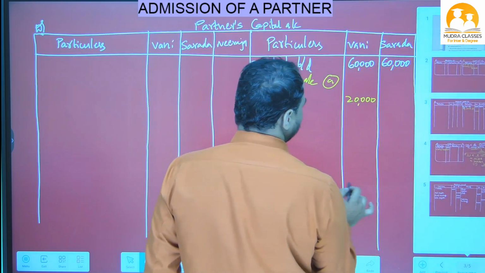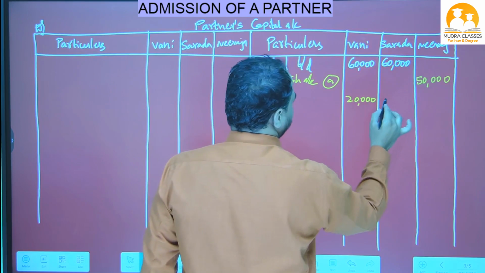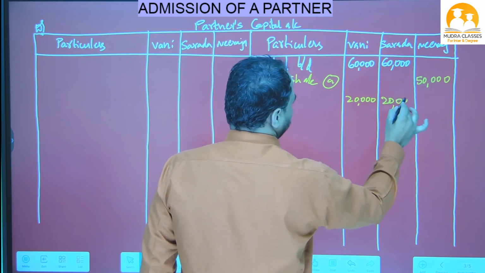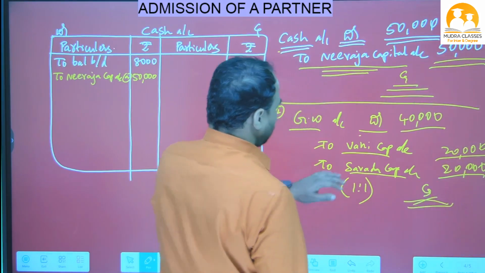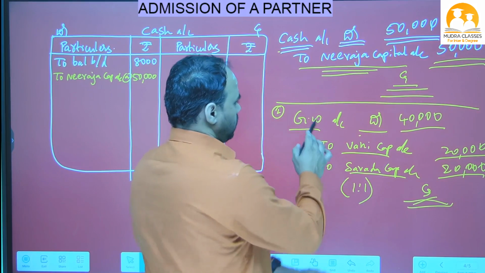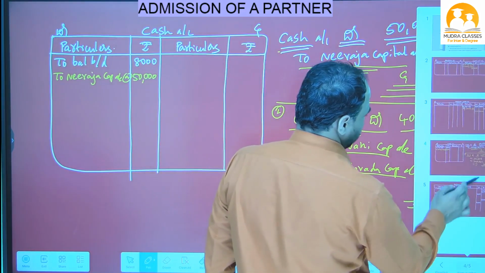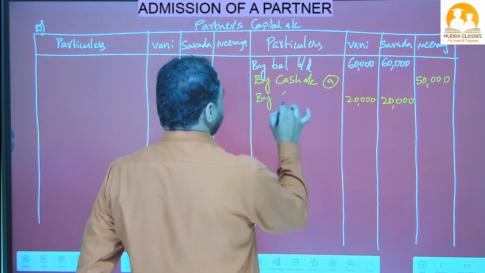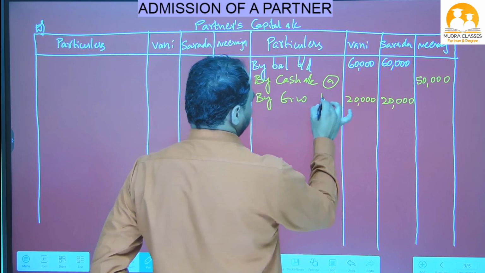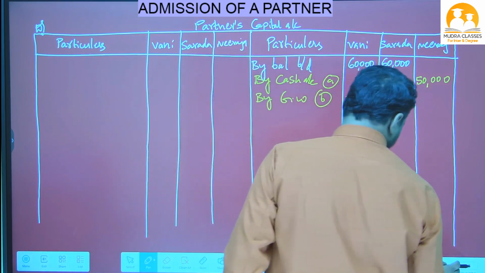Now close this Vani and Sarada capital. What is opposite? Goodwill. So opposite this amount we have to write: by goodwill account. Goodwill means nothing but goodwill account.